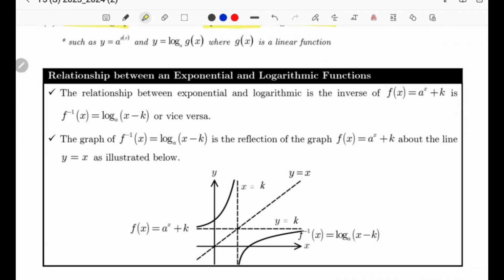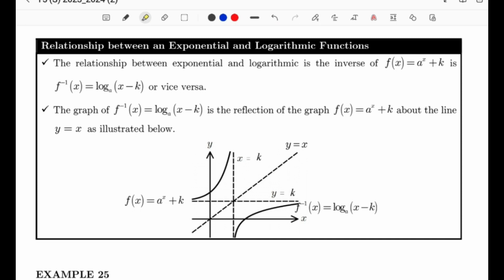The relationship between exponential and logarithmic functions is that exponential is the inverse of log, whereas log is the inverse of exponential. The graph of f inverse, which is the logarithmic function, is the reflection of the graph of f, which is the exponential function, about the line y equal to x as illustrated below.